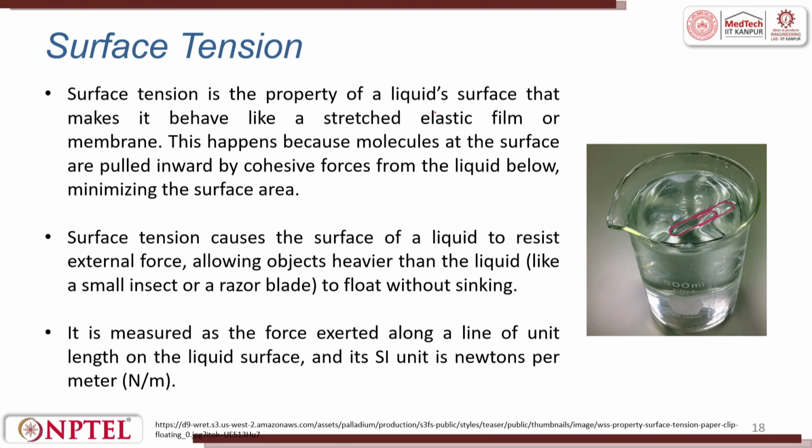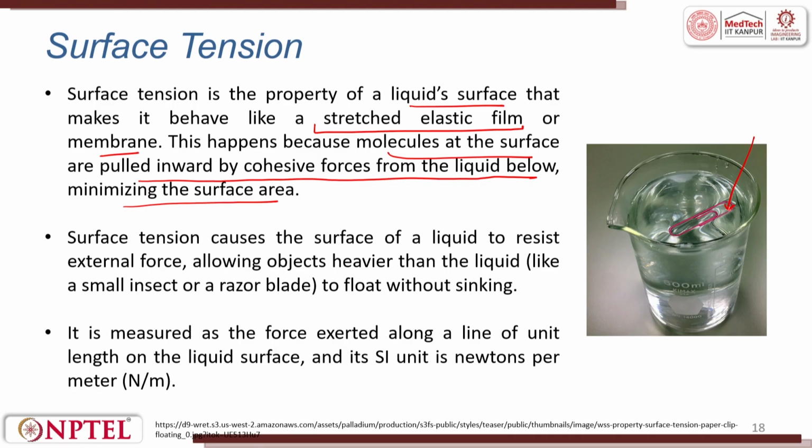Surface tension is the property of liquid's surface that makes it behave like a stretched elastic film or membrane. This happens because molecules at the surface are pulled inward by cohesive forces from the liquid below, minimizing the total surface area. You can see there is a clip kept here because of the surface tension.